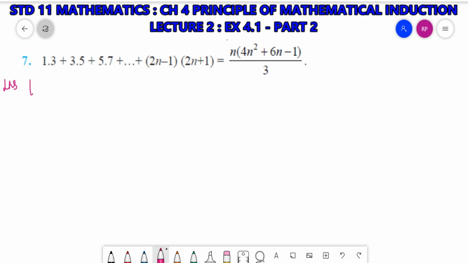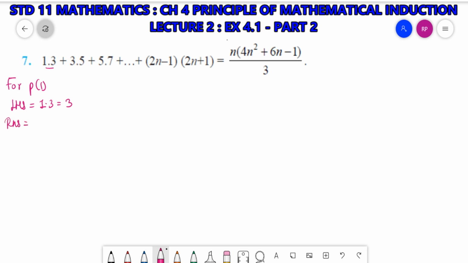For P of 1, that is 2 into 1 minus 1, 1, 2 into 1 plus 1, 3. 1 into 3, the first term. LHS is equal to 1 into 3 equal to 3.